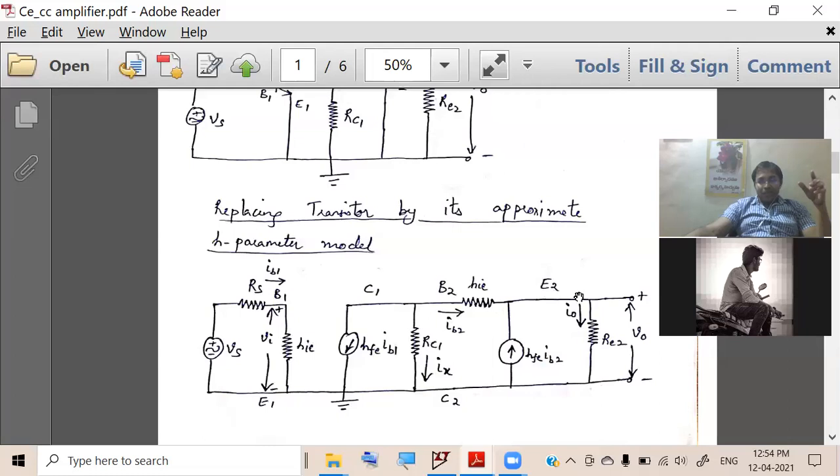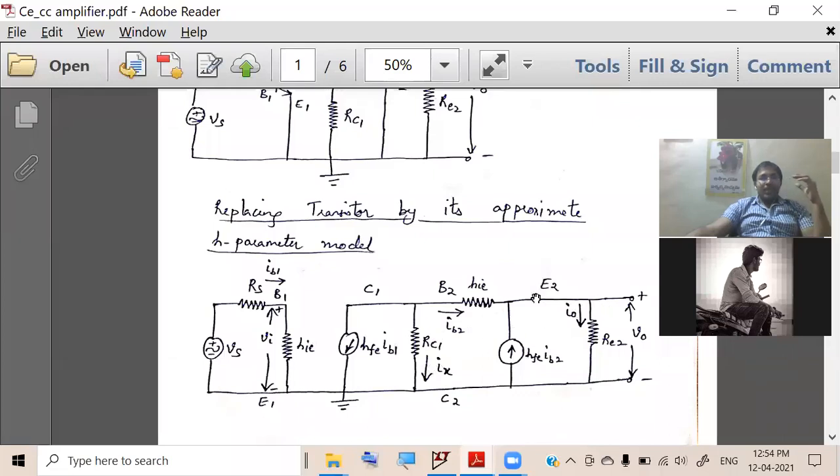If I take E2 to C2 through this downward path via RE2, or via HIE and RC1, V0 will be equal to this voltage plus this voltage.